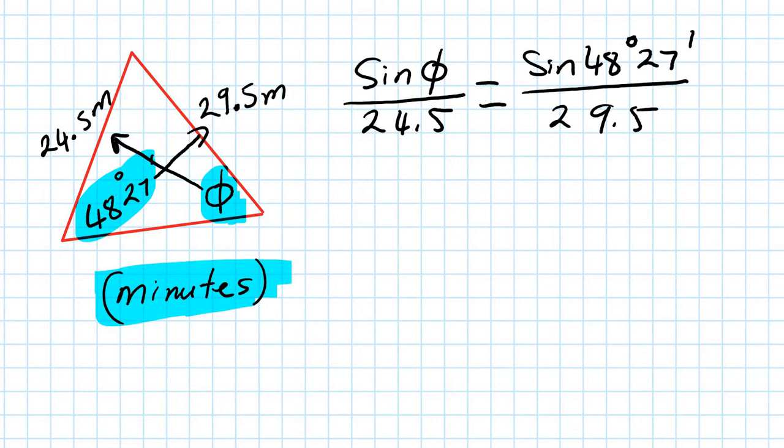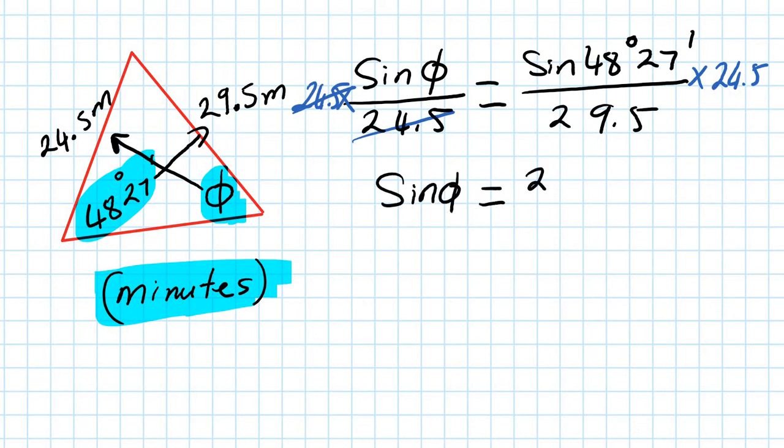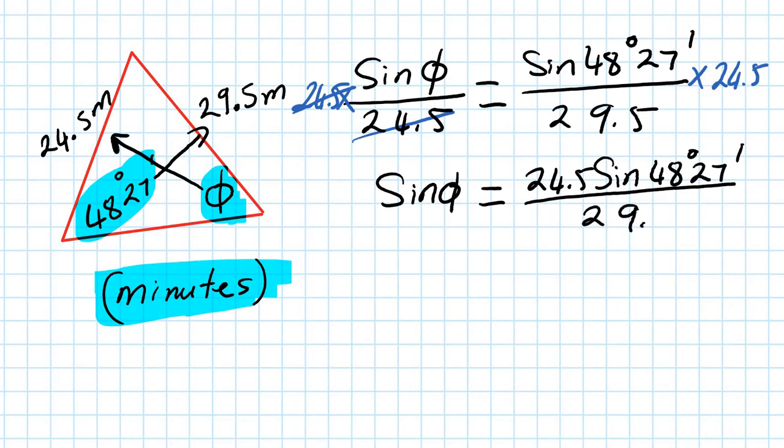Now we get rid of the 24.5, so we times 24.5 on the left and times 24.5 on the right, so this disappears. Now we are left with sine of phi equals 24.5 sine of 48 degrees 27 minutes all over 29.5.